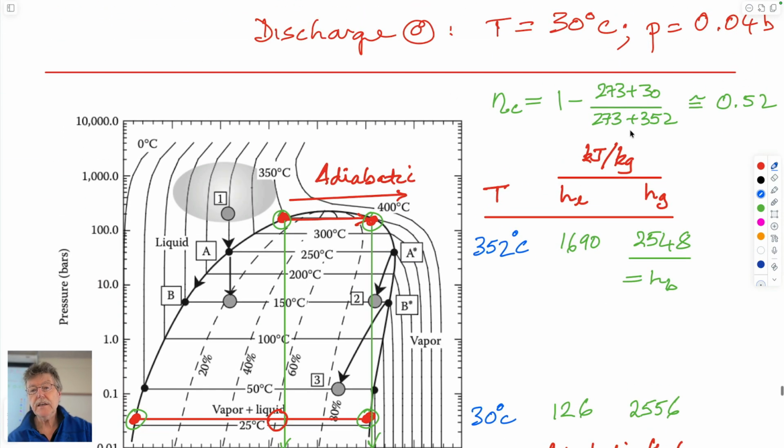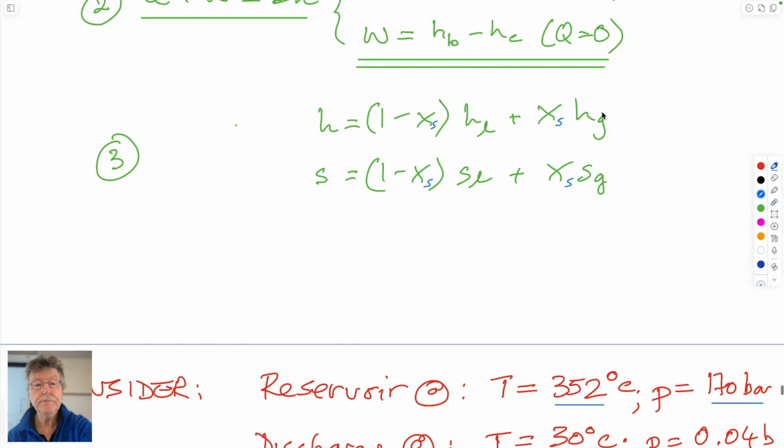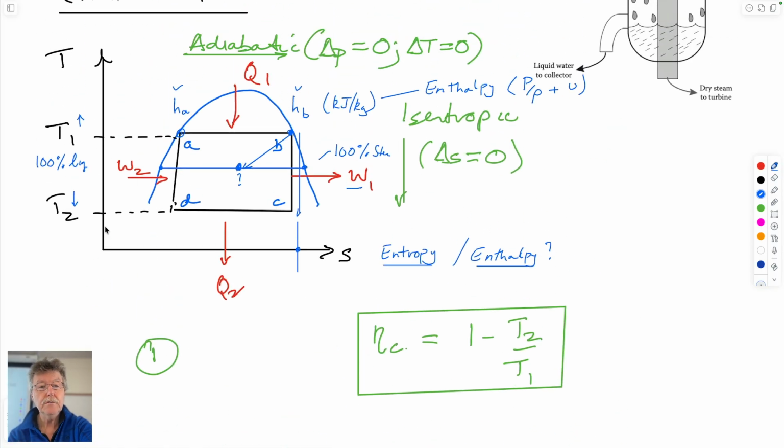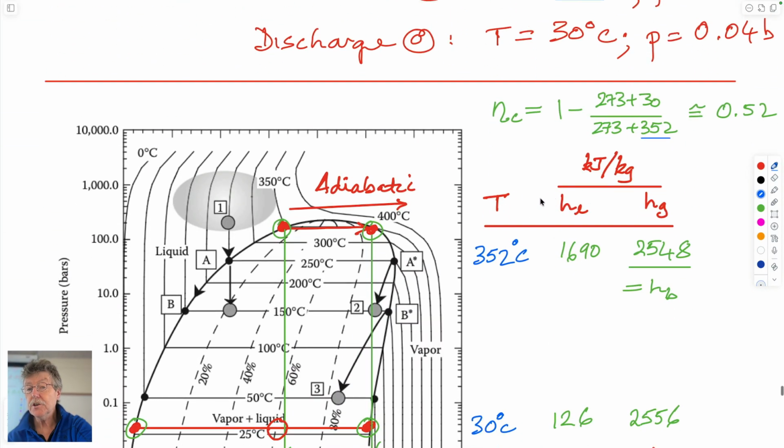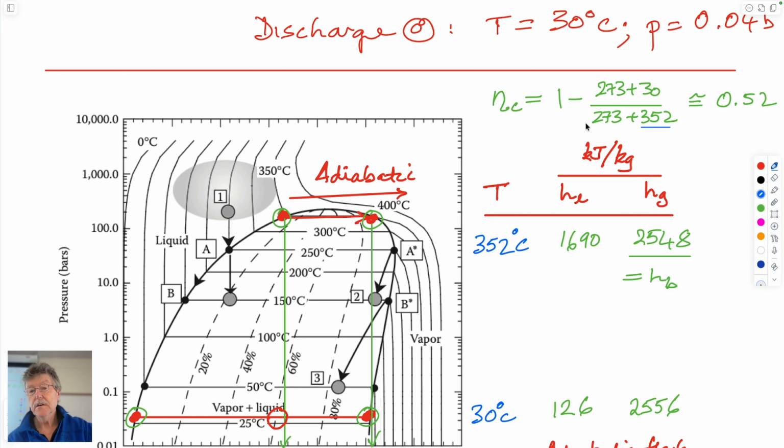So if we know it comes in at 352 degrees centigrade, this relationship of T1 over T2, T1 relative to T2, is written in terms of absolute temperatures. So 273 is 0 degrees centigrade.